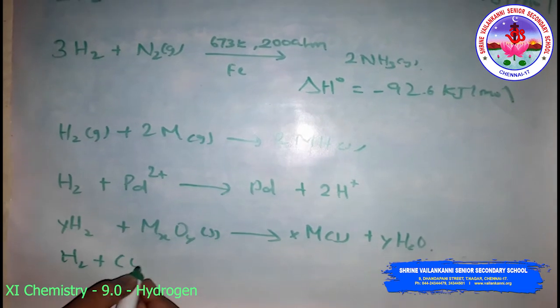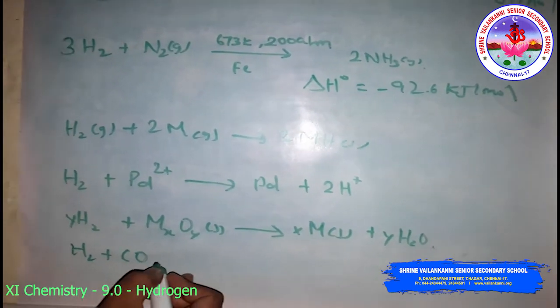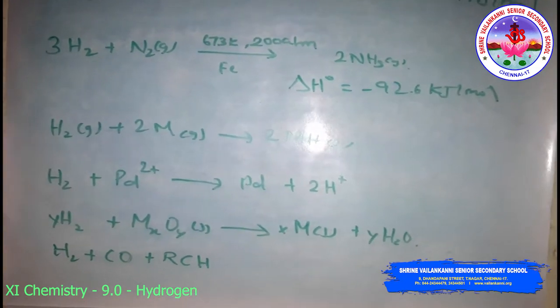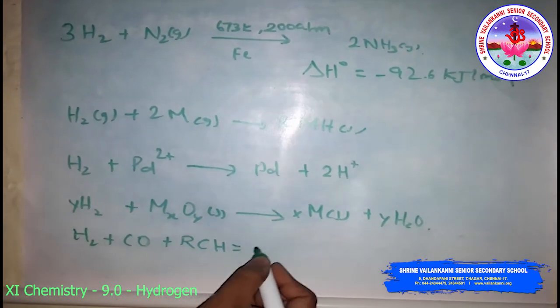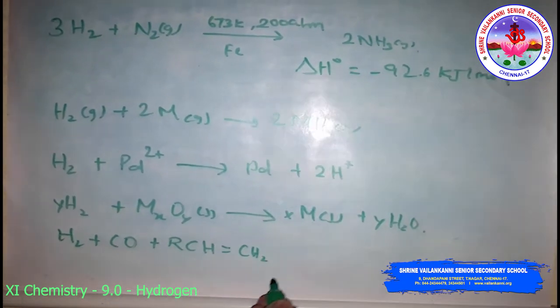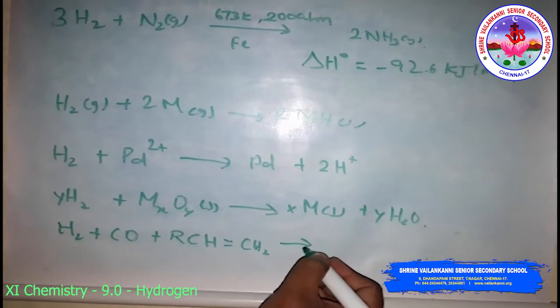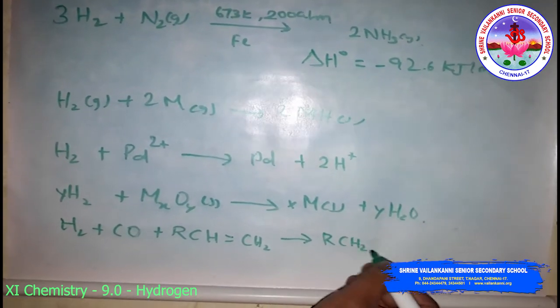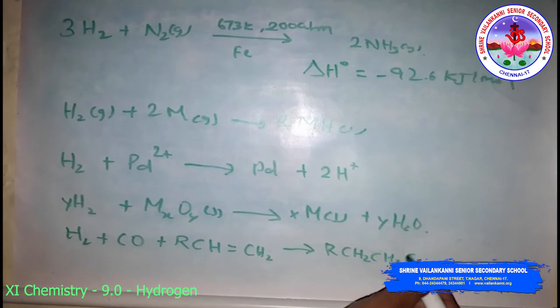hydrogen reacts with carbon monoxide and RCH=CH2, an alkene, to give RCH2CH2CHO, which is an aldehyde.